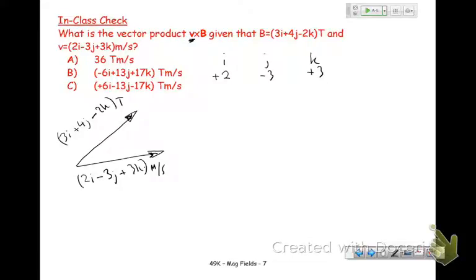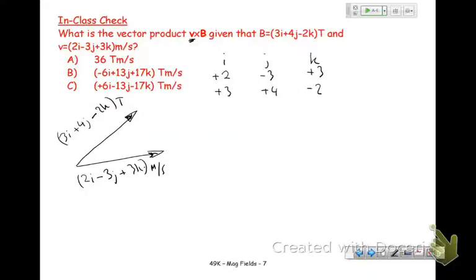And then for my next one, it's my B, which is plus 3, plus 4, and minus 2. Remember what we do? We put our thumb over the I column when we're doing the I column, over the J column when we're doing the J column, and over the K column when we're doing the K column. We cross-multiply what's visible. And we've got one more wrinkle to remember.